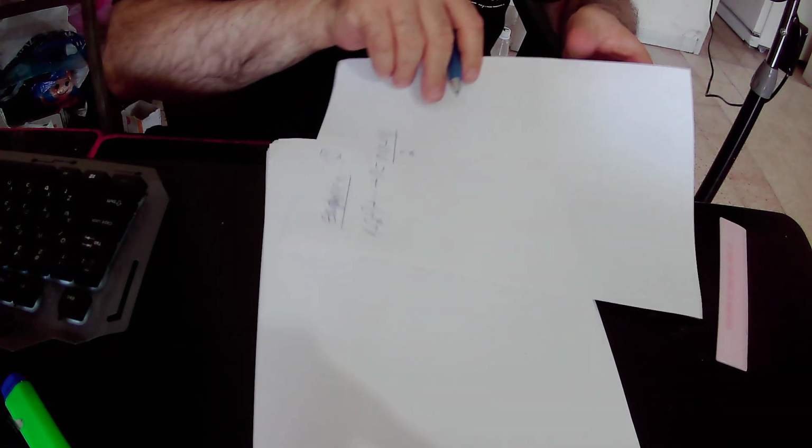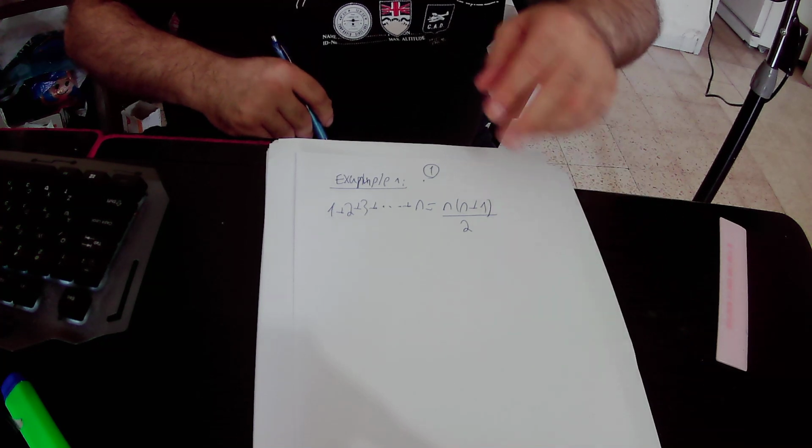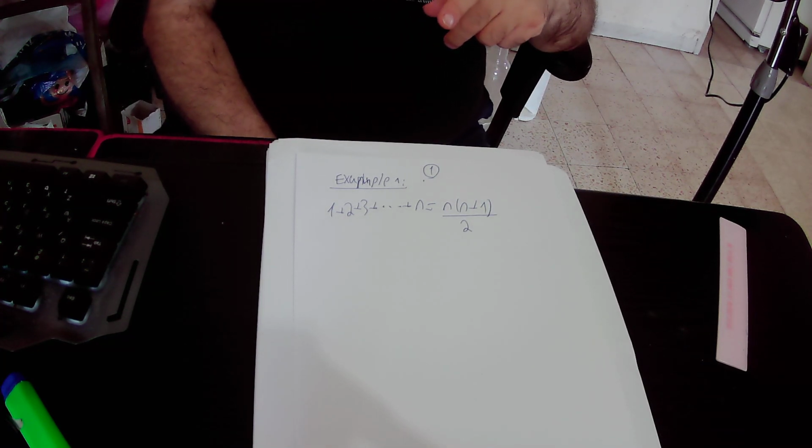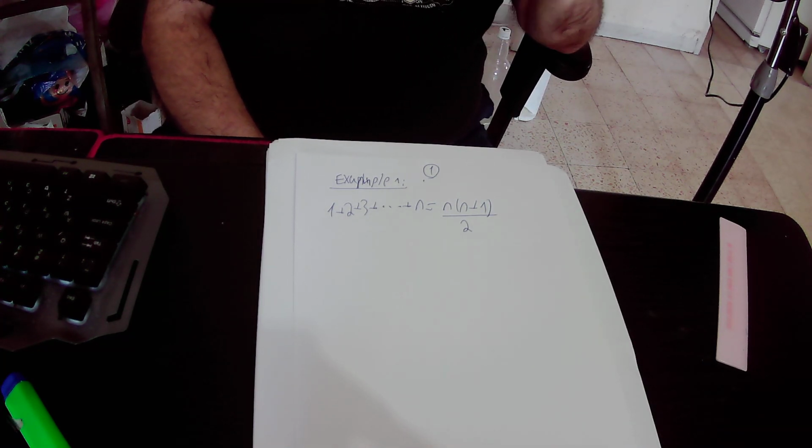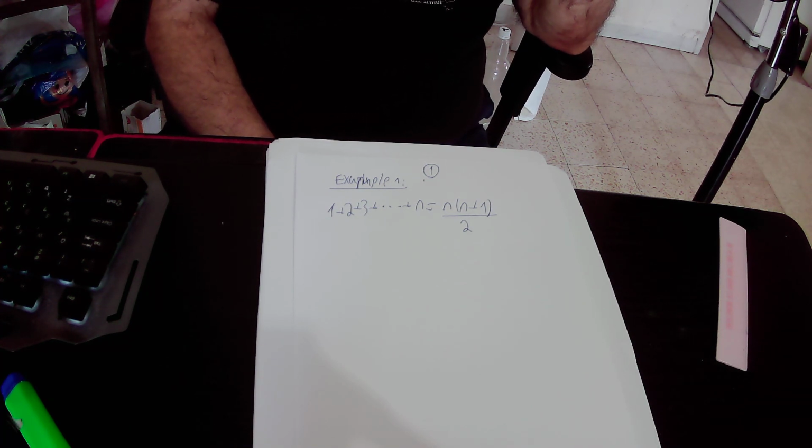So we have to prove that 1 plus 2 plus 3 plus ... plus n equals n times n plus 1 divided by 2, and we actually have to prove that this statement is true for all the natural numbers.